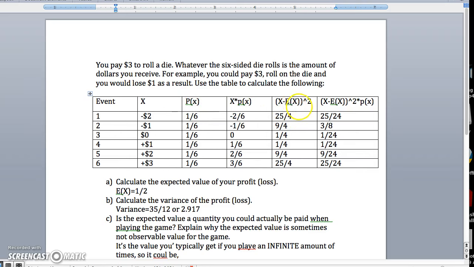Then we subtracted our expected value, which we ended up getting by adding up all the values in column 4. We ended up subtracting our expected value from our x and squaring that. And that's how we got all of these guys. And then we multiplied these guys by our p of x value for our last column, which if you add it all up, you'd get the variance.